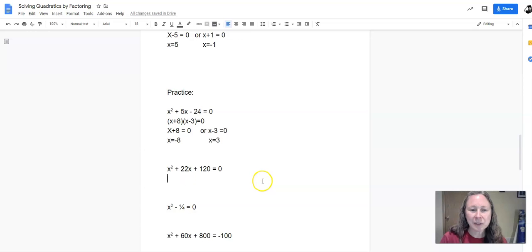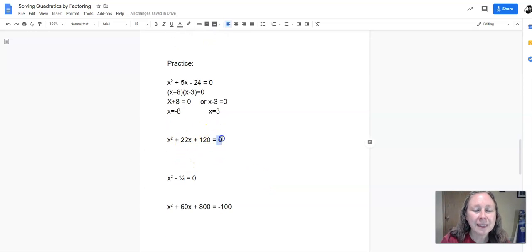Okay, next one down. This is set to 0, that's good. And if I can factor this, then we can solve by factoring. If I can think of two numbers such that I multiply them to get 120 and I add them to get 22, then I can factor it. And I think there are two. What about 10 and 12? 10 times 12 is 120. 10 plus 12 is 22.